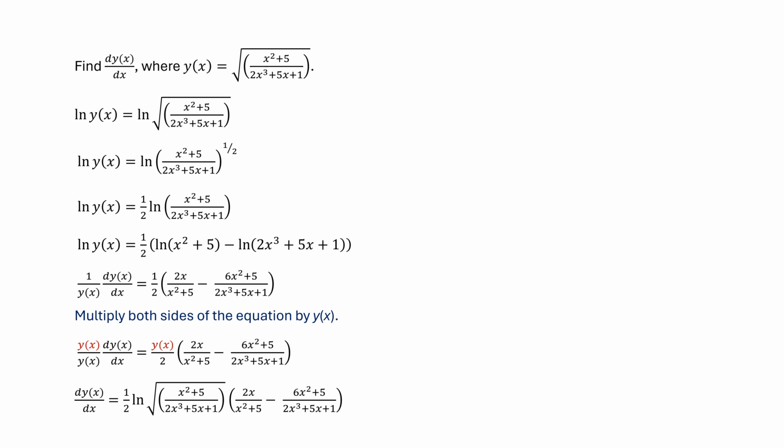Finally, we have to multiply both sides by y of x because we do not want 1 over y dy dx, we want dy dx. So we multiply both sides by y of x and substitute the original expression back in for y of x.